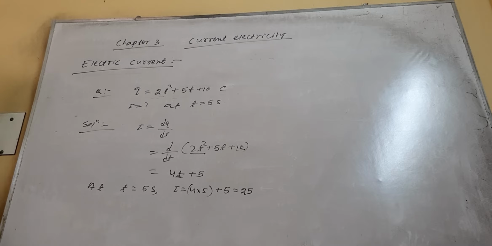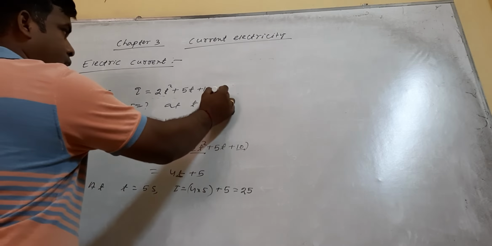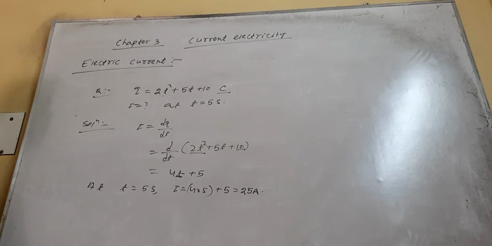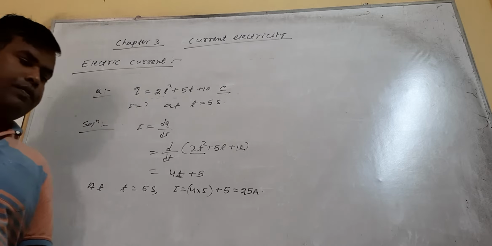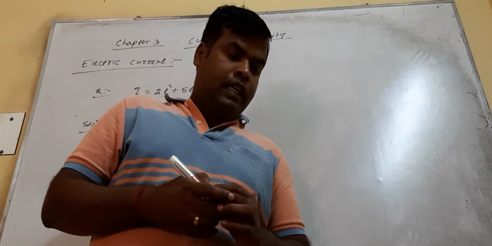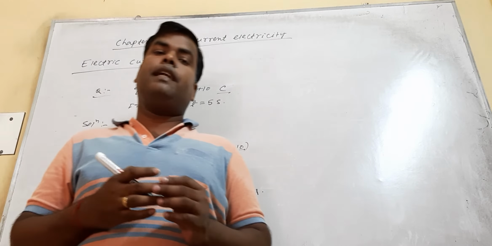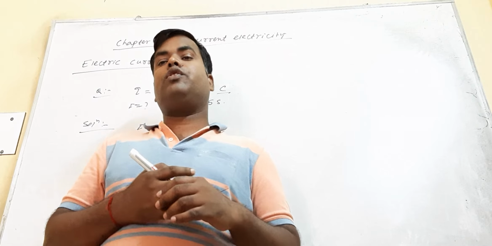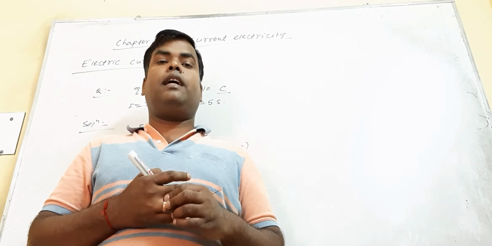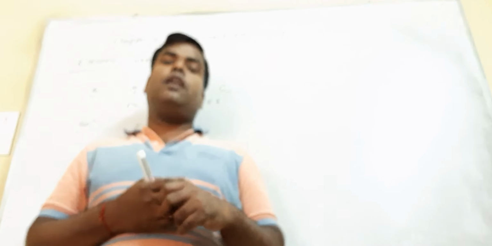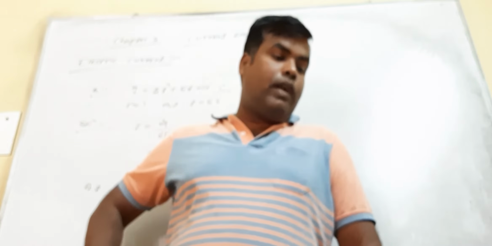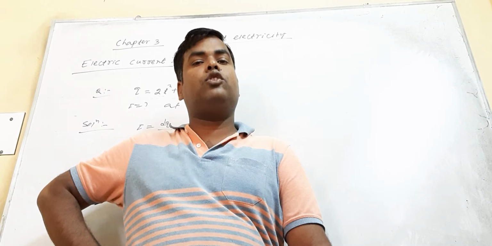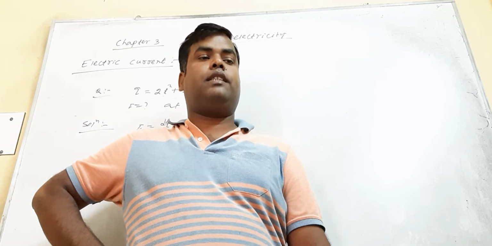The SI unit of electric current is ampere. Coulomb is in SI, so it is 25 ampere. So now, here electric current has magnitude, and electric current has direction. You know, a vector quantity is the quantity which has both magnitude as well as direction.